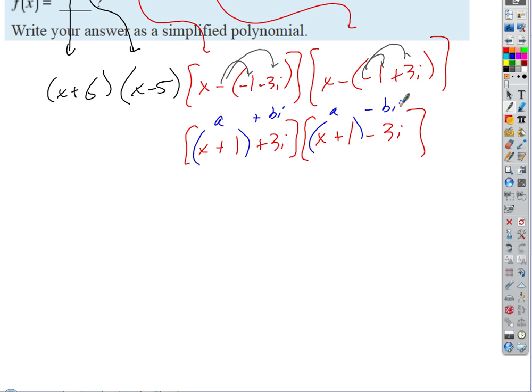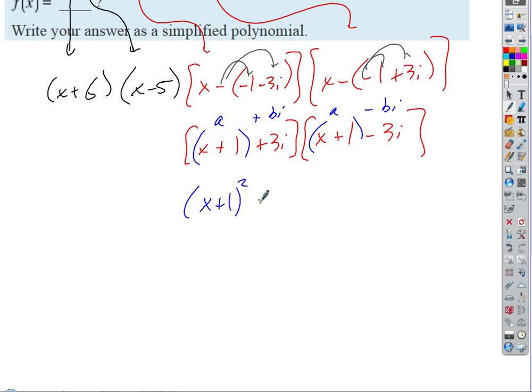If I do a product of conjugates, I just get a squared minus b squared. So this whole thing would just end up being x plus 1 squared minus 9i squared. What's 9i squared? Minus 9.